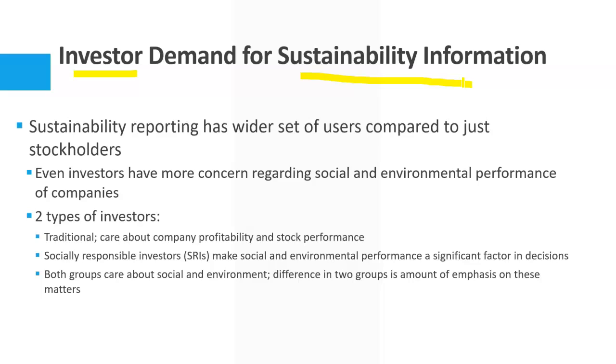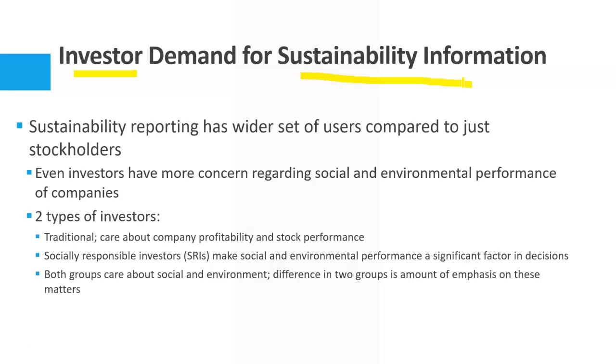So the most important user of the traditional financial report, of course, the company owners, which in a publicly traded corporation, if we are talking about the public company, of course, the shareholders.